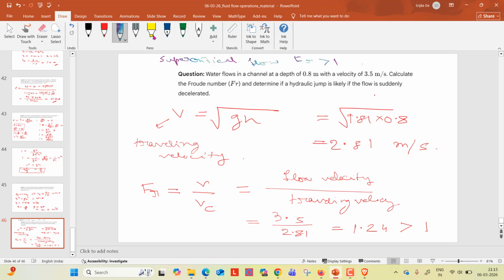So a hydraulic jump is likely if decelerated suddenly. Okay.